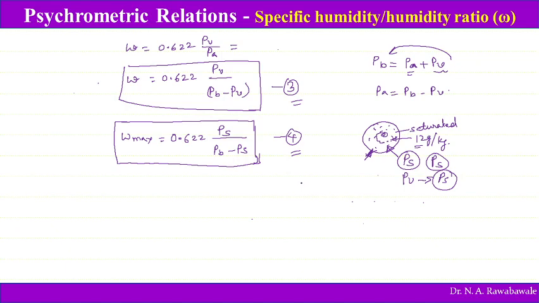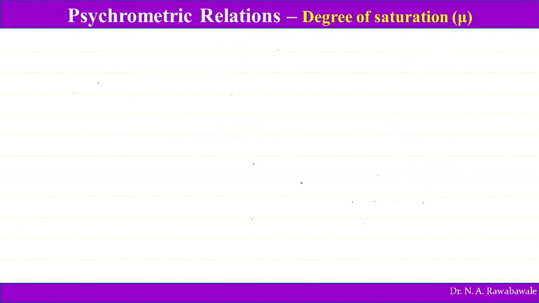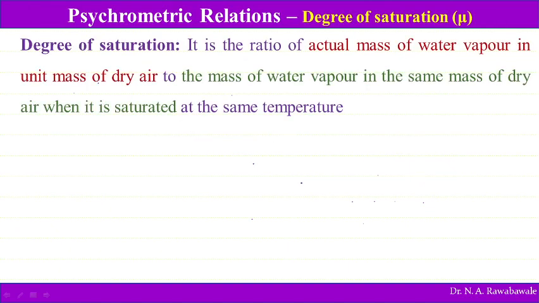Now coming to the next term, that is degree of saturation. What is this degree of saturation? As we defined degree of saturation in the previous class, it is the ratio of the actual mass of water vapor present in unit mass of dry air to the mass of water vapor in the same mass of dry air when it is saturated.